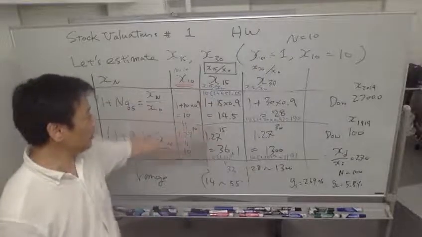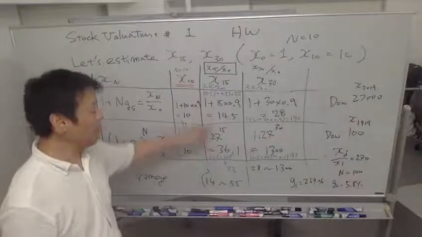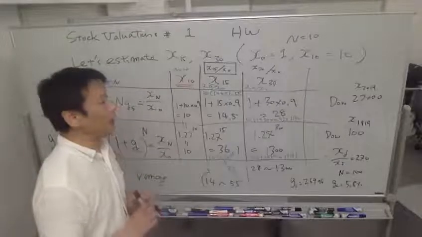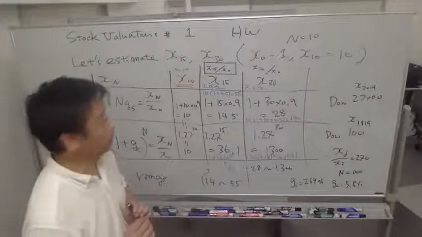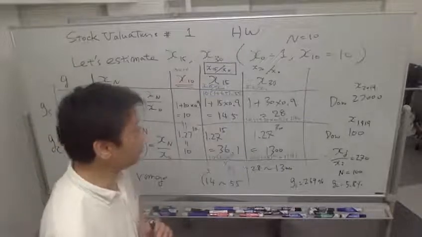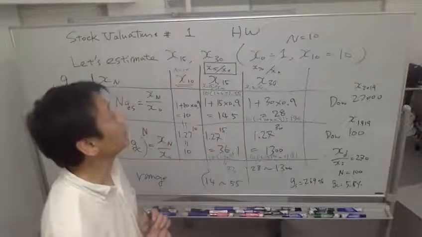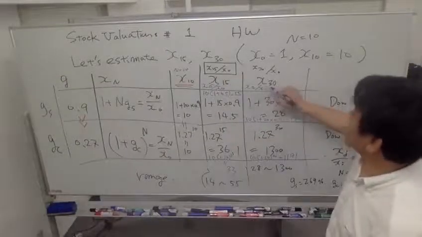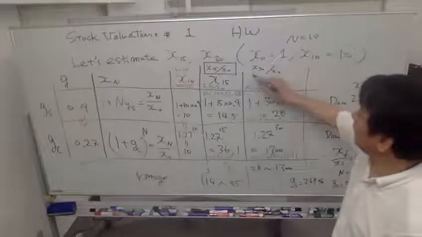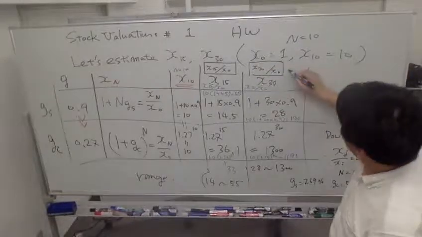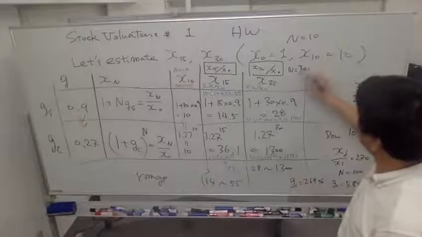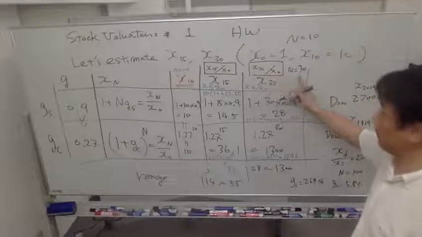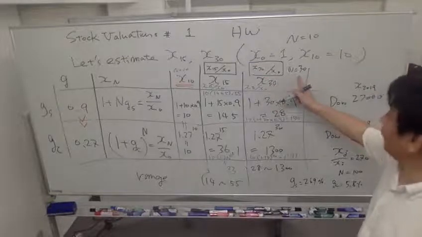So the result would be very much different between 14 and 36. And the difference becomes much, much larger if n becomes larger. So let's assume X30 by using n equals 30, which means X30 over X0, resulting in n equals 30.